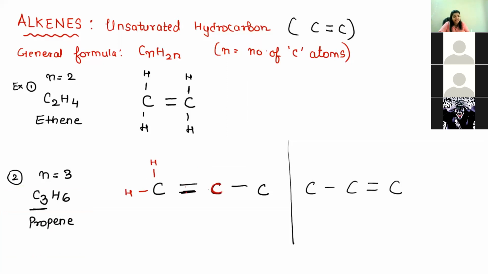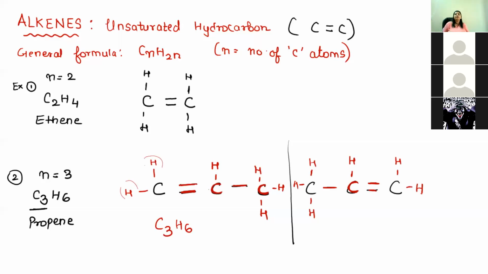This carbon already has 3 bonds, 1, 2, and 3, so only 1 hydrogen, and the last carbon will have 3 more bonds, so 3 hydrogens. This counts as C3H 1, 2, 3, 4, 5, and 6. Similarly, in the next molecule, this will have 3 hydrogens. This has 3 bonds, so 1 hydrogen, and this will have 2 hydrogens.